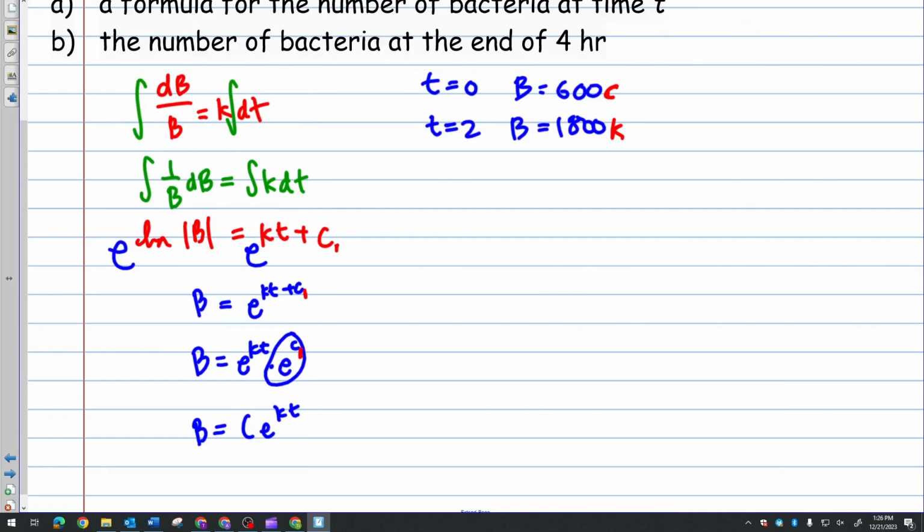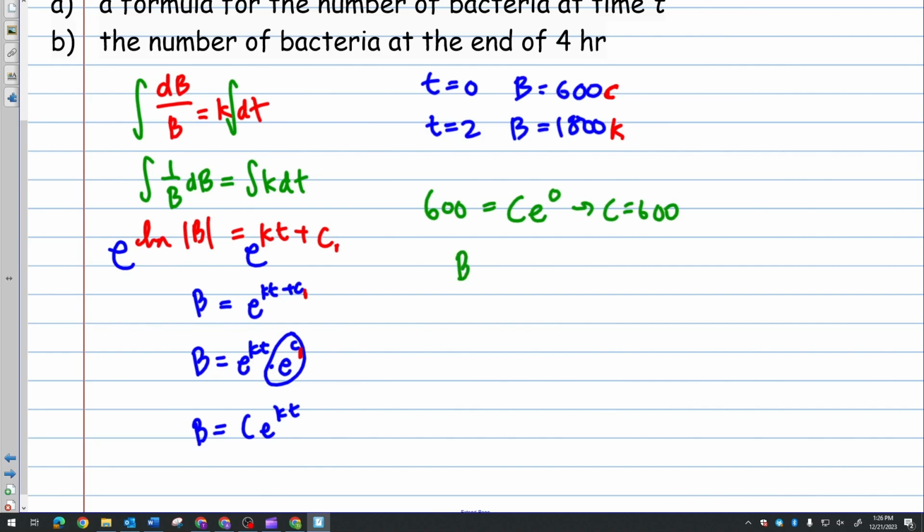So to solve for c, anytime I plug in a t of 0 and a b of 600, this would be k times 0, which is just 0. What I get is c is equal to 600.